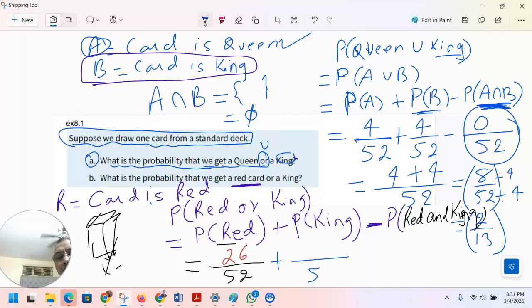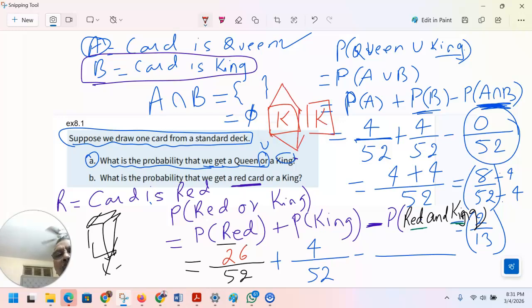Out of 52, there are 4 king cards, minus how many cards are both red and king. You can see I'm using the color. There are 2 cards which are red in color and are also king. So it could be the king of diamonds, and a heart like this.